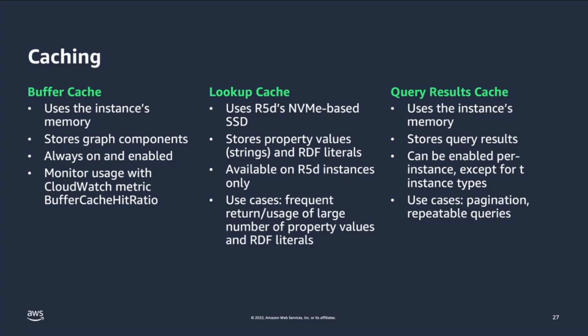It's only available if you have R5D instances, because it uses the NVMe-based SSD disks to store property values and literals for use cases where you're frequently returning large numbers of these property values to users. This is something you can set up on a per instance basis and it will automatically be used to store that data. That data will automatically be populated into those NVMe disks as it's being used.